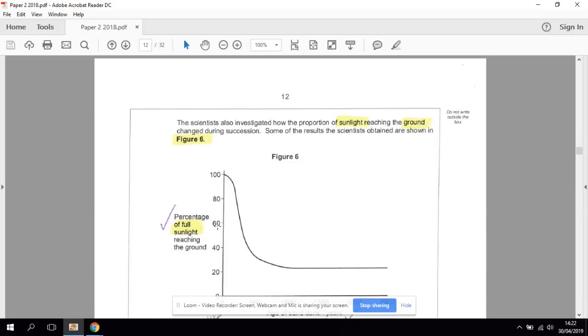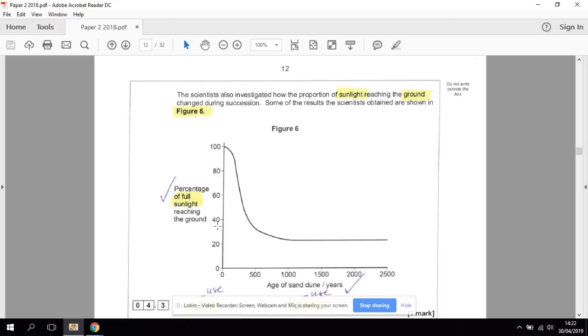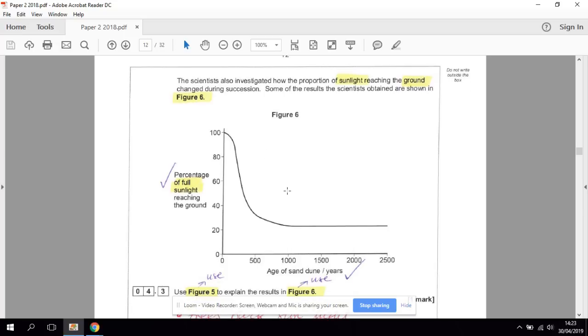Then we've got another investigation: how does the proportion of sunlight reaching the ground change during succession? Some of the results obtained are put on the graph here. We've got the percentage of full sunlight, and then we've got the age.